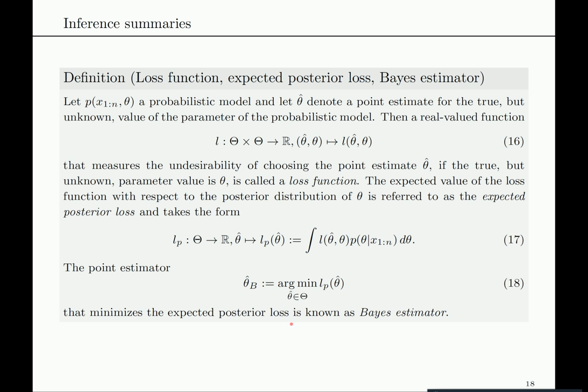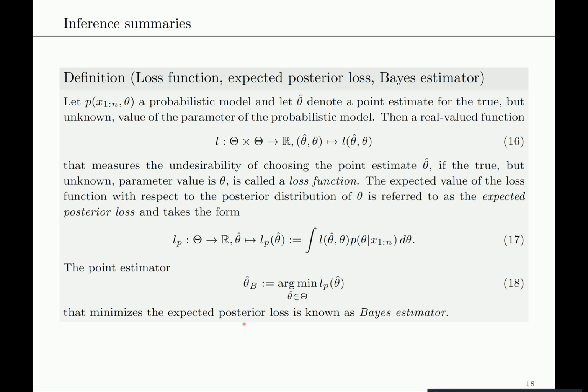This estimator, in a way, if you want, is analogous but very different from the maximum likelihood estimator, which maximizes the log likelihood function, and this point estimator minimizes the expected posterior loss function. And this point estimator is called Bayes estimator.